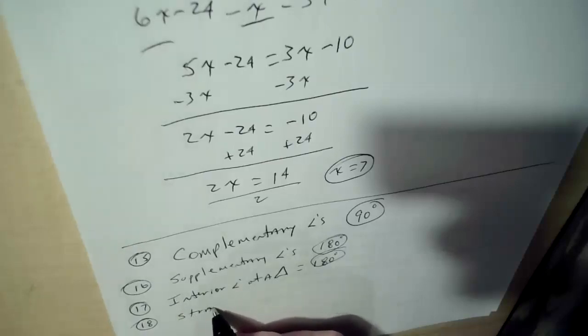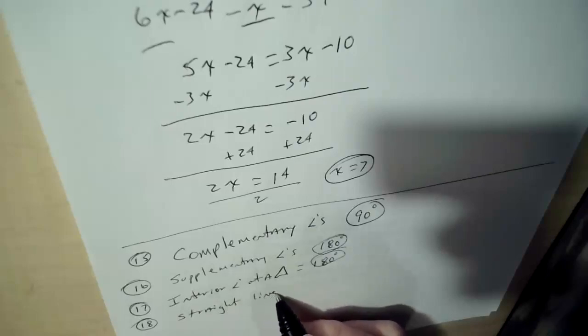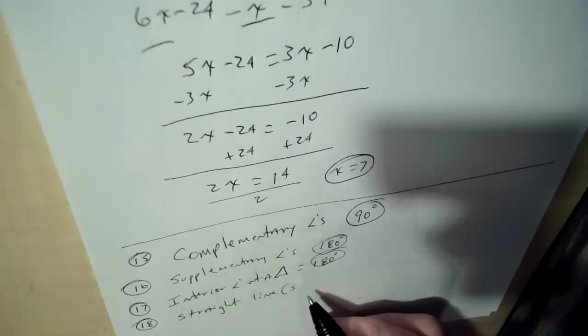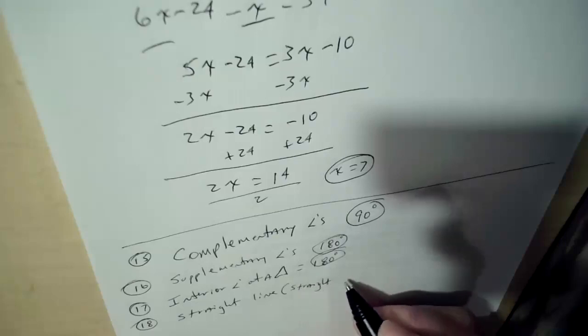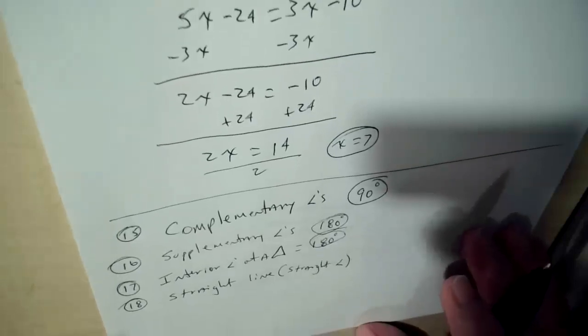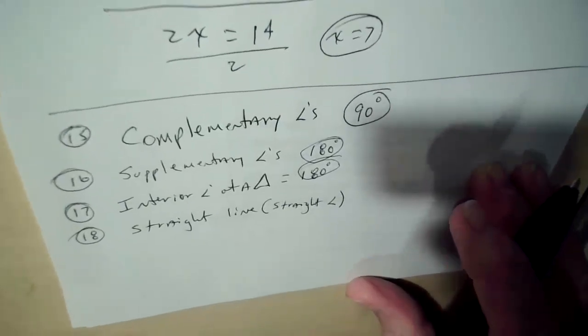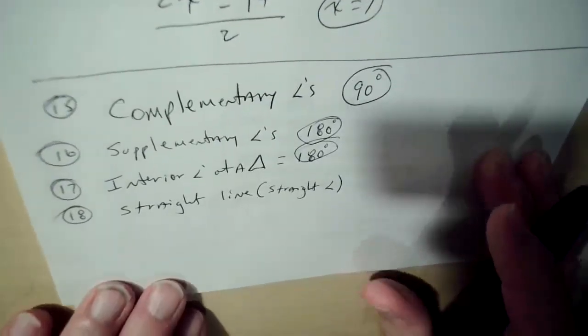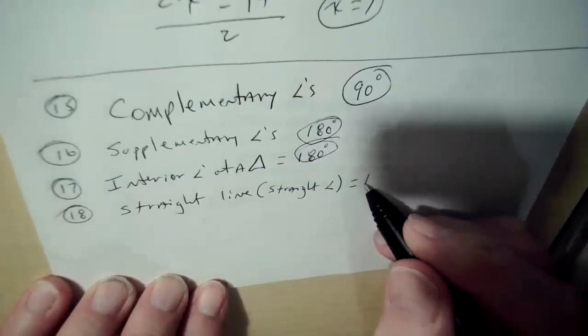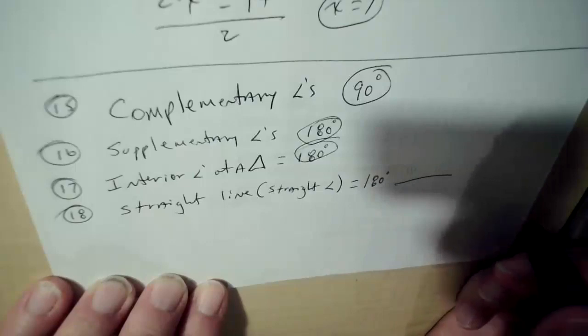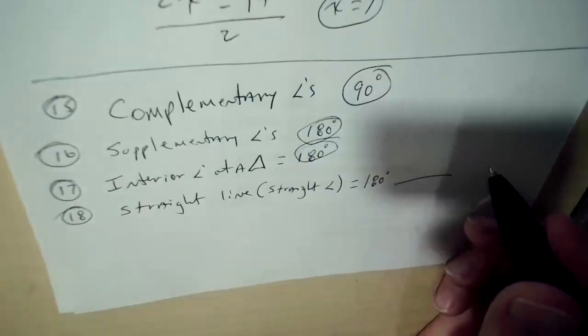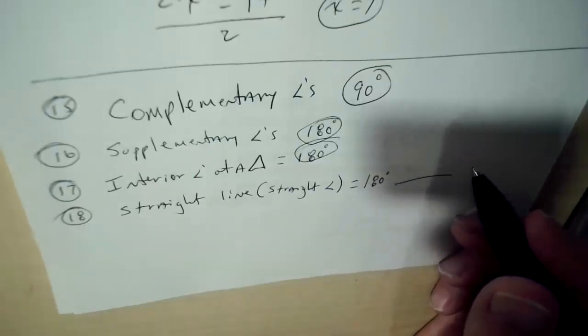Number 18, straight line. A straight line is also called a straight angle. S-T-R-A-I-G-H-T. Don't see that a whole lot, but you will see it from time to time. A straight line has 180 degrees.